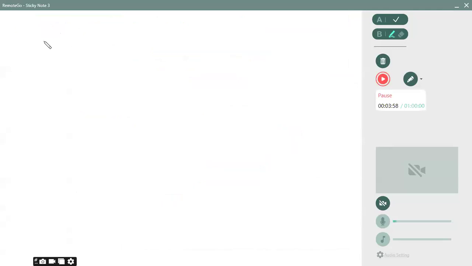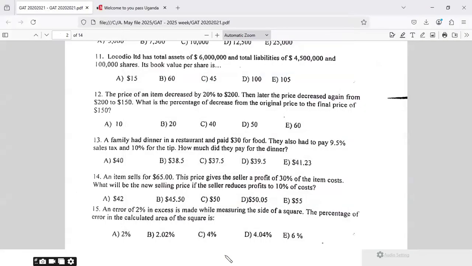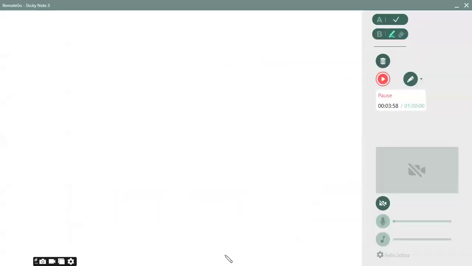So, they're telling us that the price of an item decreased by 20% to 200. What does it imply? It implies that now we need to know the original price.